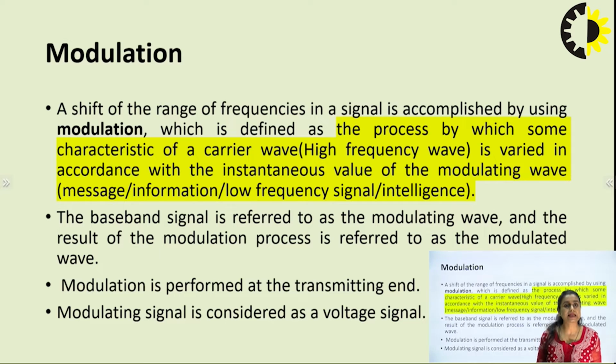Technically, it can be defined as the process of varying a characteristic of a high frequency carrier wave with respect to the instantaneous value of the message signal, or the modulating signal, or the information signal, which is usually a low frequency or baseband signal. The baseband signal is referred to as the modulating wave, and the result of the modulation process is referred to as the modulated wave. Modulation is performed at the transmitting end, and the modulating signal is considered as a voltage signal.